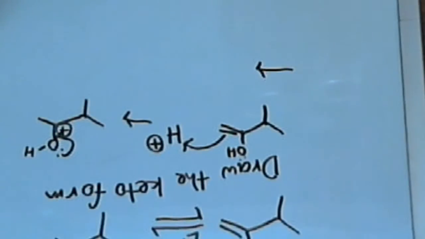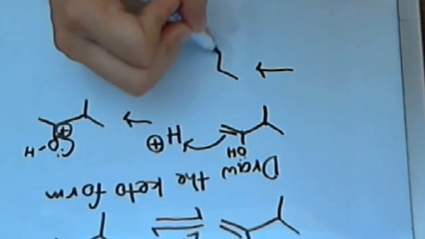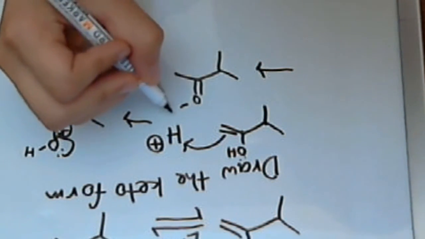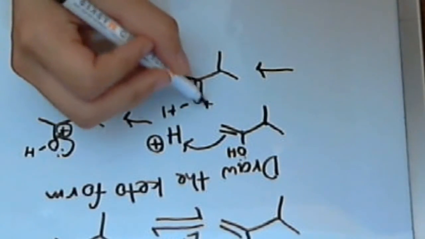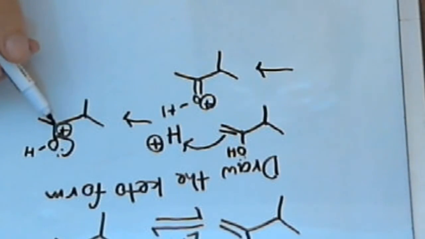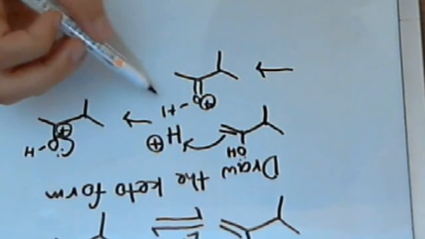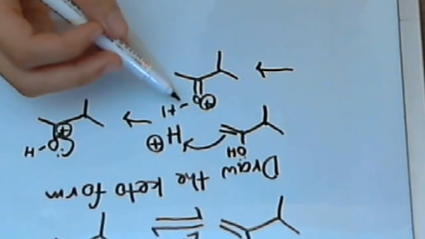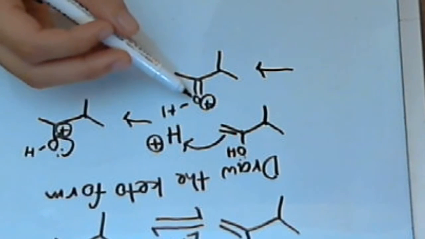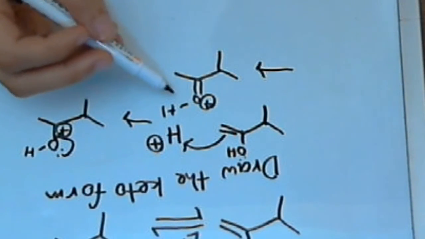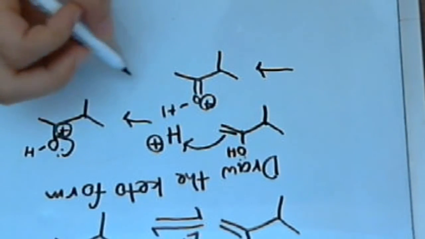Now what does that leave us with? That leaves us with the positive charge. Instead of being on the carbon, now it's on that oxygen. And oxygen, we know it's more stable as a ketone than as a protonated ketone, right?